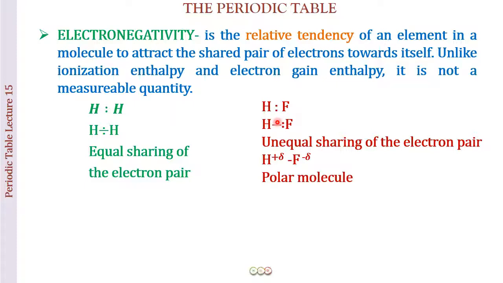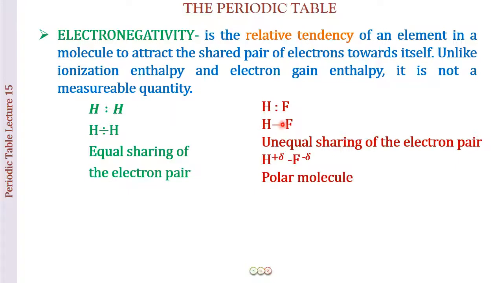So the electron cloud of this HF molecule will move towards fluorine. There is not going to be complete transfer of the electron towards fluorine. It is only that the shared pair of electrons moves more towards fluorine. So this leads to an unequal sharing of electron pair between the two atoms, that is hydrogen and fluorine.